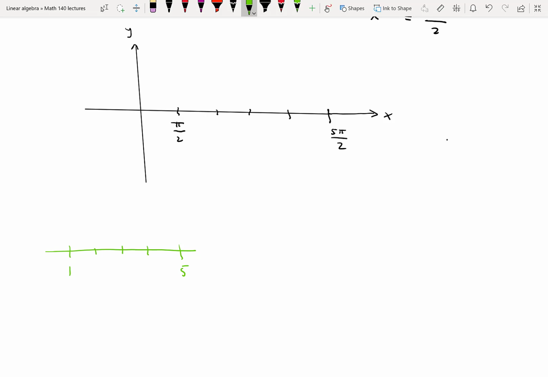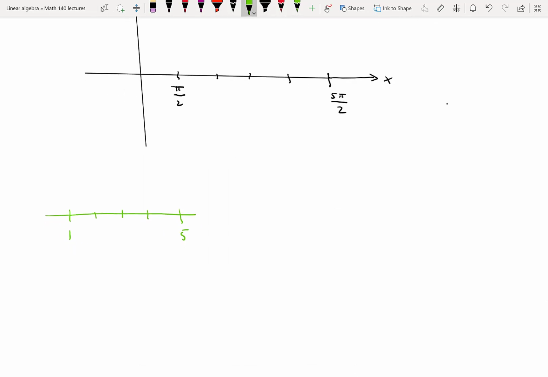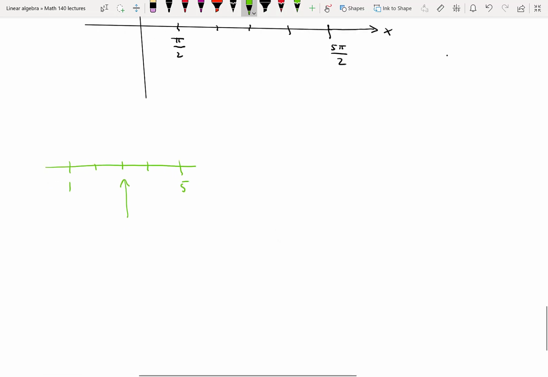It's pretty clear that those points need to be 2, 3, and 4. Okay, but suppose we didn't know that. If you want the point exactly between 1 and 5, you can get that point by averaging 1 and 5. Or in other words, if you want the point between 2 points, you take the first point, add the second point, and then divide by 2.